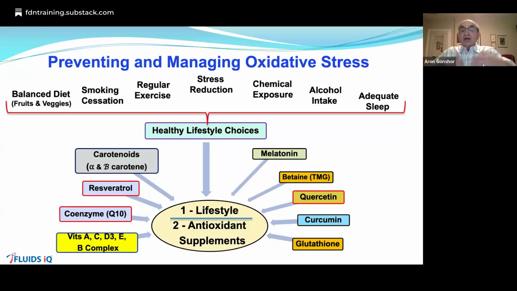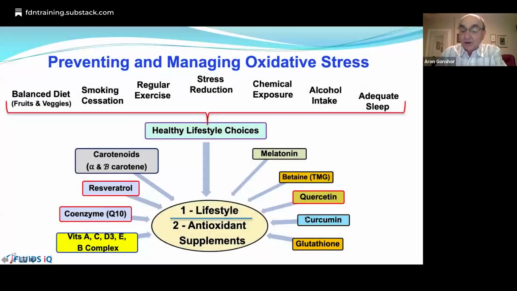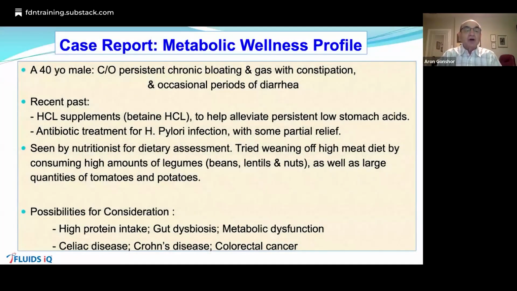Those lifestyles combined with various kinds of antioxidants, which many of you know very well, coenzyme, the various vitamins, melatonin, betaine, quercetin, etc. Curcumin, which has become much more popular lately, and of course, glutathione, which functions in the cell as an antioxidant. All of these will be able to solve the problem.